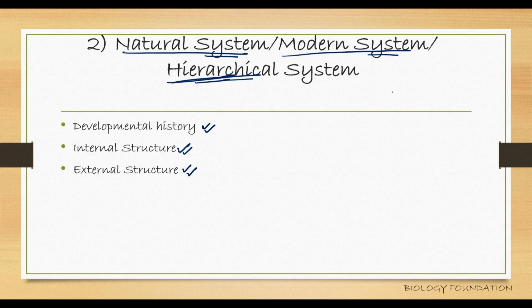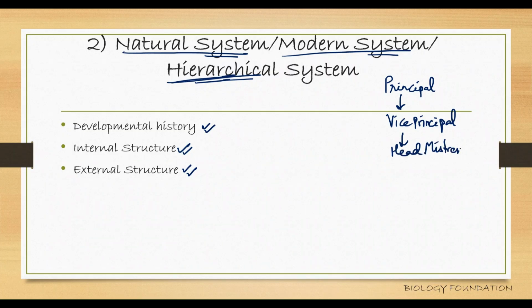It's like rank wise. For example, in an institution, when there is a school, you have the main member, that is your principal, and followed by the principal you have the vice principal, right? Then you have the headmistress, then you have teachers, and you have students in a school.